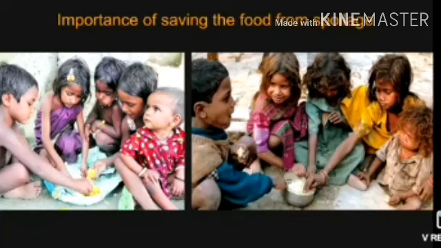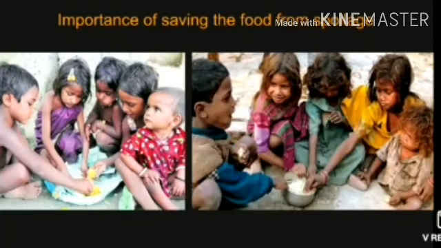On the road and near temples, so many people are sitting who do not have food to eat. They do not get even one meal a day. Hence it is our duty to prevent wastage of food whenever it takes place.